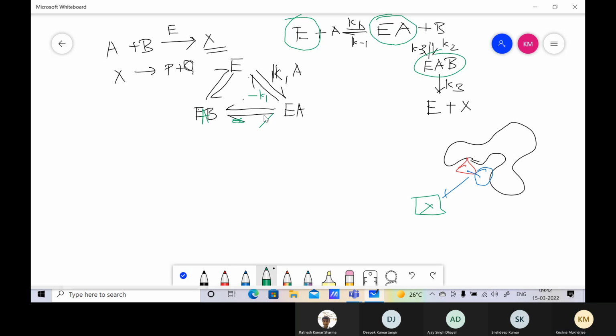This is forward. The backward will be minus K2 or K minus 2. Sorry, but the forward will be K2B. And now this reaction I'm saying is non-reversible because of large delta G. So there is no K minus 3. There is only forward, and that is K3. There is no reversible reaction because delta G is large.